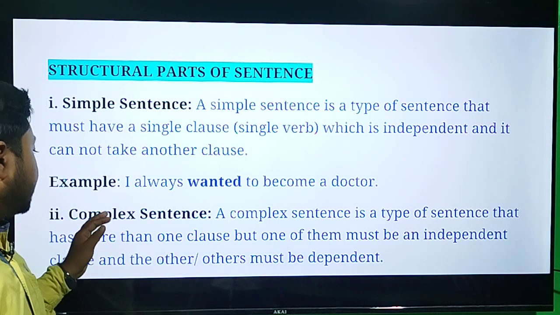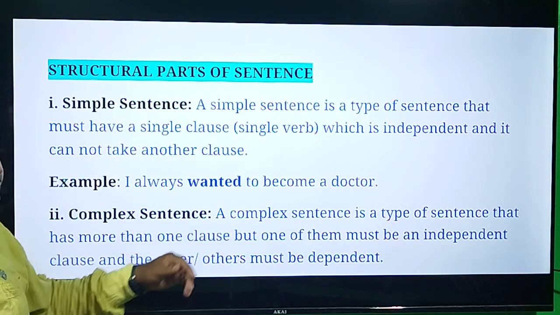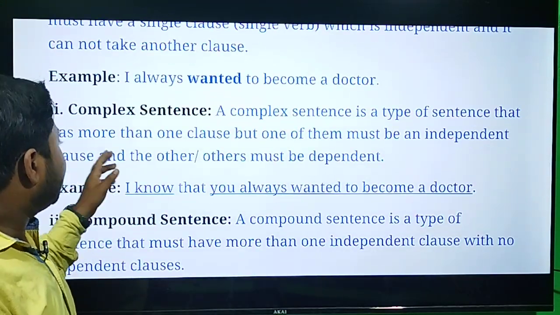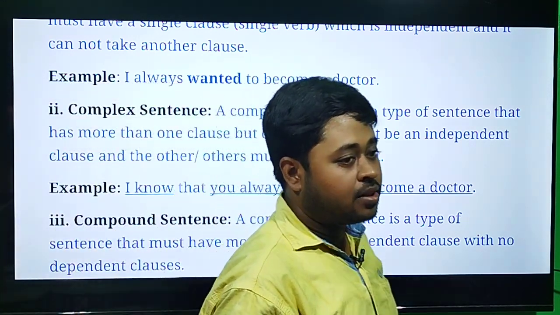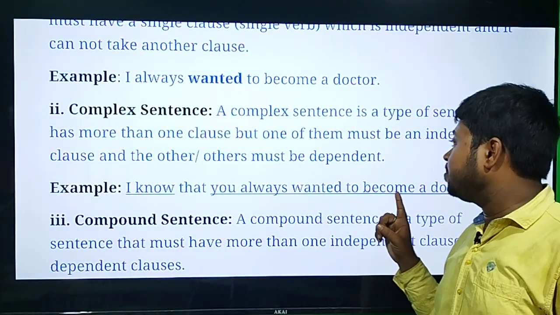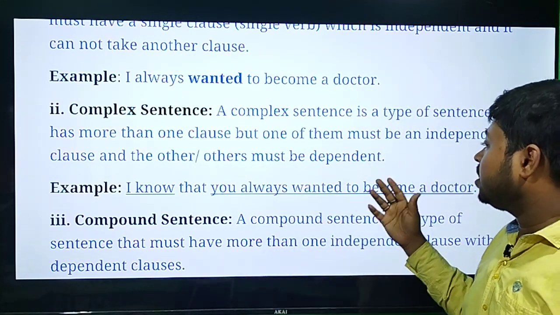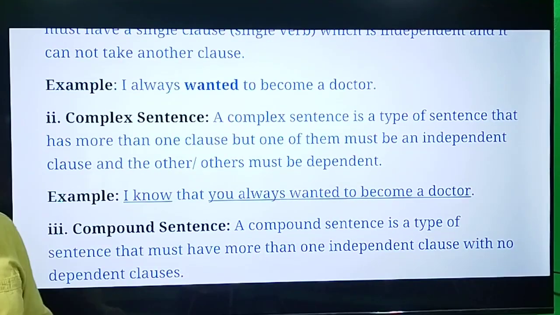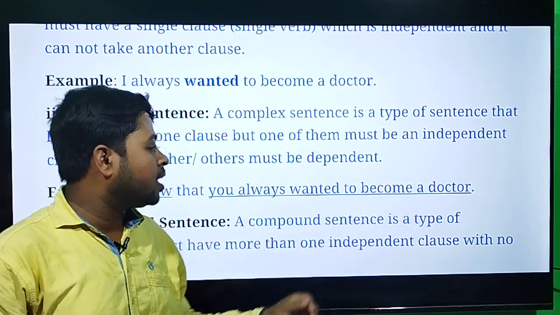Next, the complex sentence. So what is a complex sentence? A complex sentence is a type of sentence that has more than one clause, but one of them must be independent. That means there should be an independent clause, and the other must be dependent. Okay, so let's move on to the example: I know that you always wanted to become a doctor.